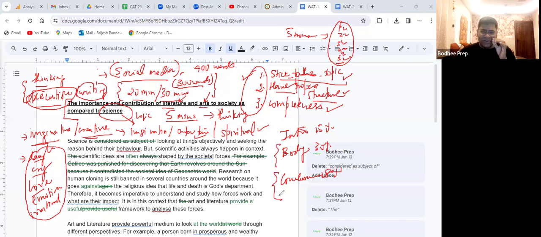Then towards the conclusion, you can say that for a healthy development of civilization and society, it is very important that both art and science go hand in hand, right? The contribution of science definitely will make us a better human being, a more rational, more logical human being. But literature and art serve the non-rational part of the human mind.